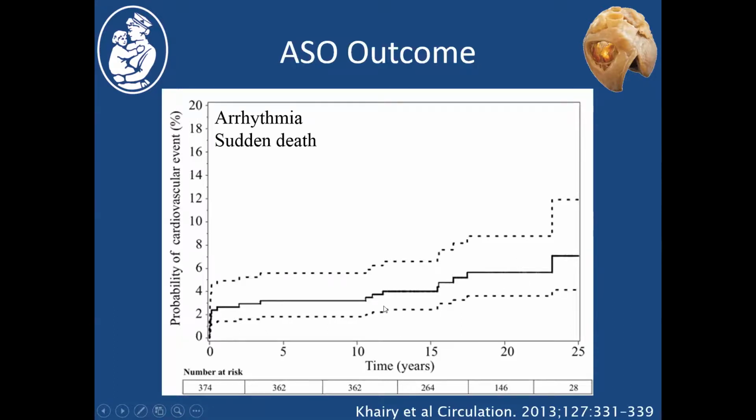But we know that these patients do get arrhythmias, but this is much, much lower than the prevalence of arrhythmias that we saw in patients after an atrial switch operation. This is only about 5% at 20 years, 5 or 6%. So that's much lower. By 20 years, virtually everybody with an atrial switch operation had either sick sinus syndrome or atrial flutter or some other kind of atrial arrhythmia.